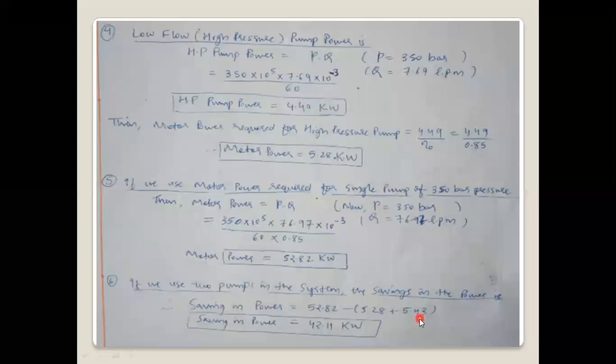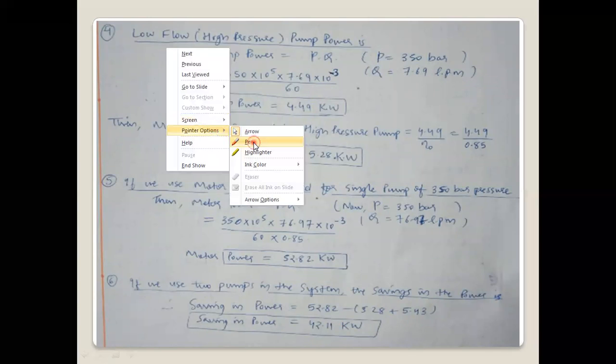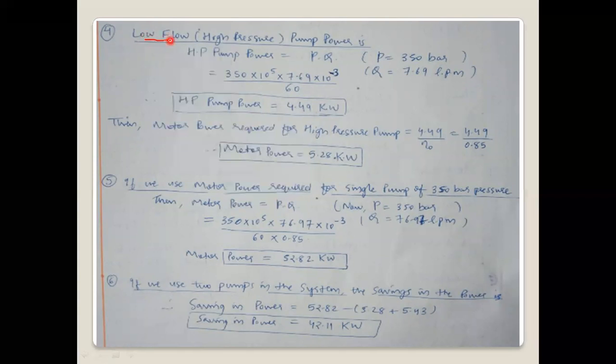Then we have to calculate the power for the low flow, that is high pressure pump. For the HP, high pressure pump, power is equal to what? Same, pressure multiplied by discharge. The pressure for the high pressure pump is 350 bar and the discharge is 7.69 liter per minute.